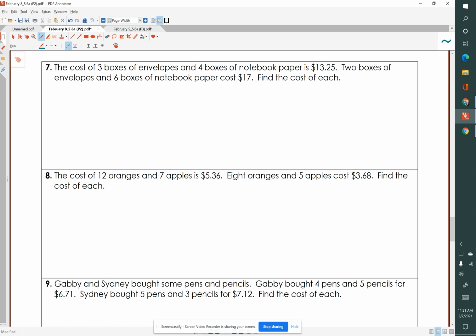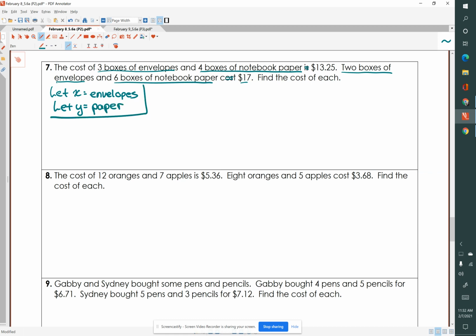So we've got 3 envelopes plus 4 notebook equals $13.25. 2 envelopes and 6 notebook equals 17. Let's just define our variables. So we've got envelopes and paper. So I'm going to let X equal envelopes. I'm going to let Y equal paper, the notebook paper.